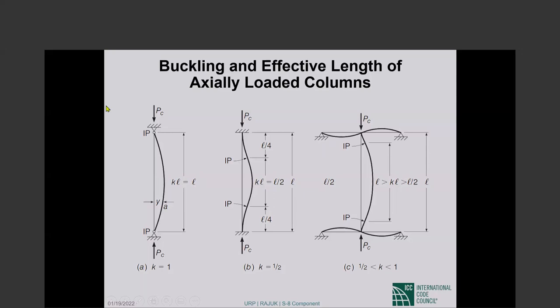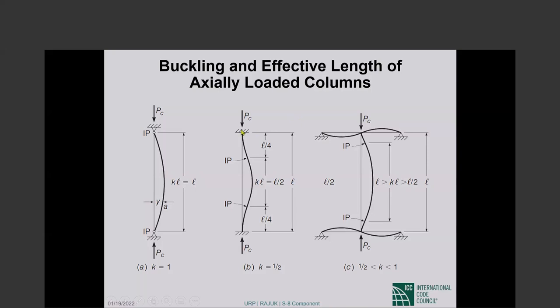Okay. So this is a column where the ends are restrained from translation. They cannot move laterally with respect to each other, but they are not restrained against rotation. And then K is equal to 1.